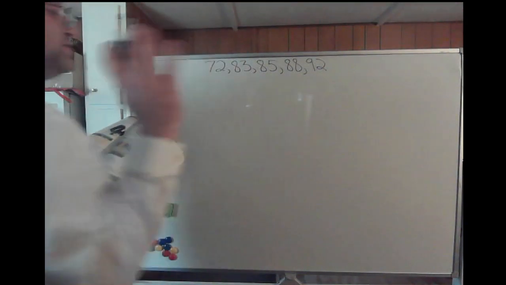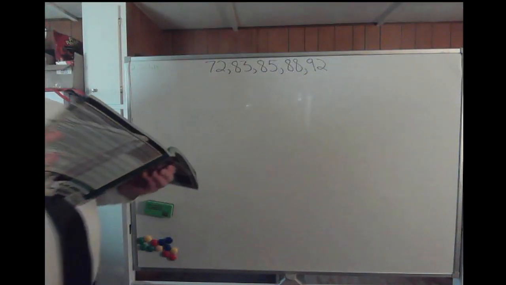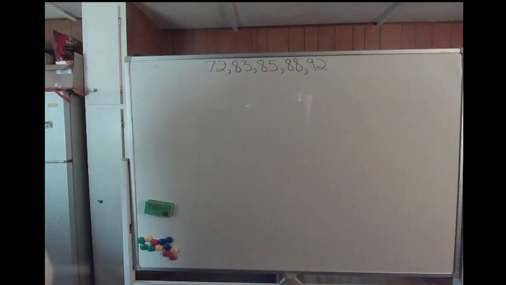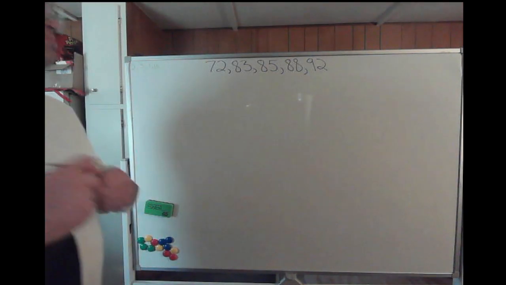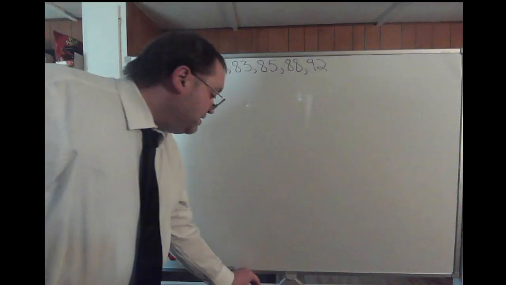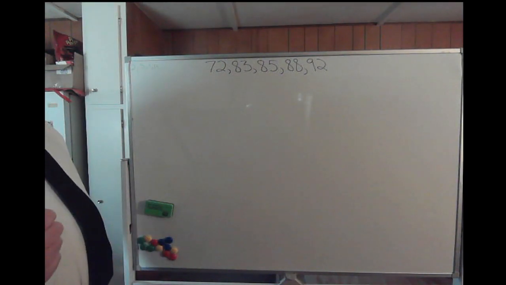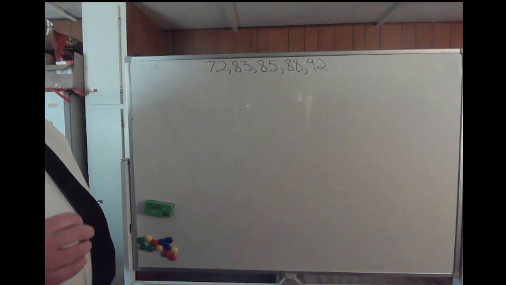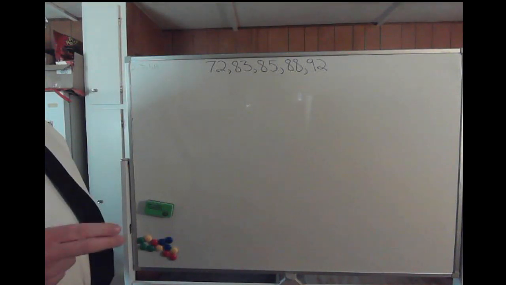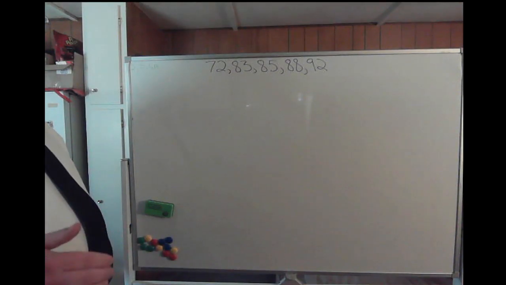It seems like I'm just throwing numbers out there, which you can do with any random set of numbers, but the idea is you can find the mean, the average, which the mean's the average of a set of numbers, the median, which is the middle number, and the mode, which is the most frequently occurring number.